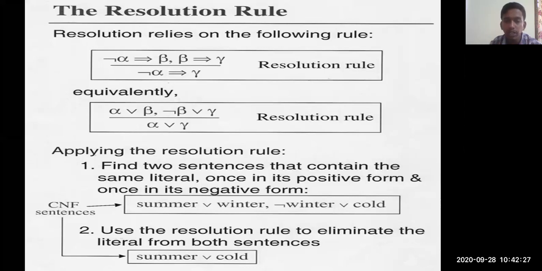The conclusion needs to be summer or cold, because here winter, comma, negation winter are the conflicting terms. The conflicting terms need to be cancelled, and finally you need to get one statement, called your conclusion. So using the resolution rule to eliminate the literal from both sentences, finally the conclusion is summer or cold. That's how the resolution rule concept is discussed.